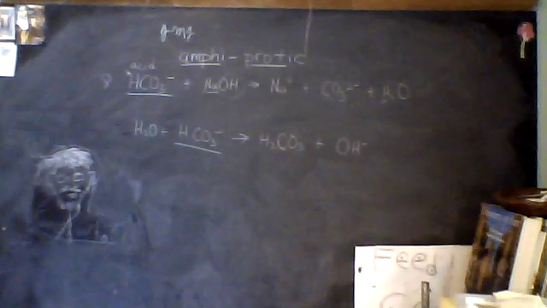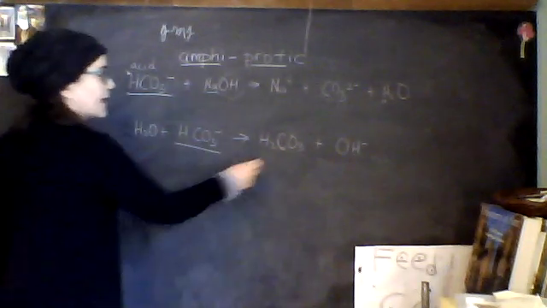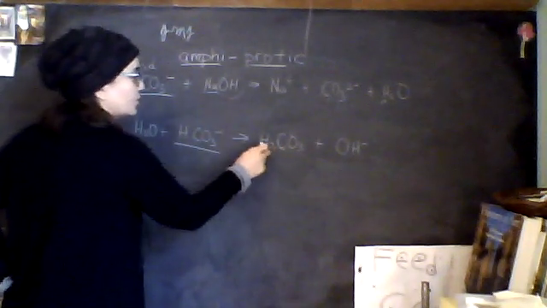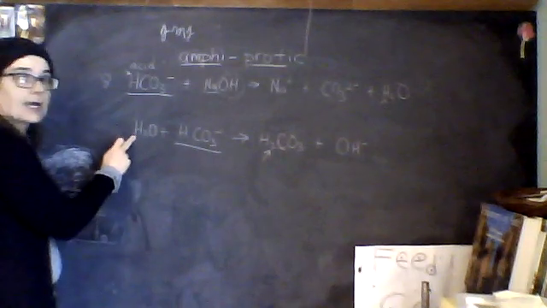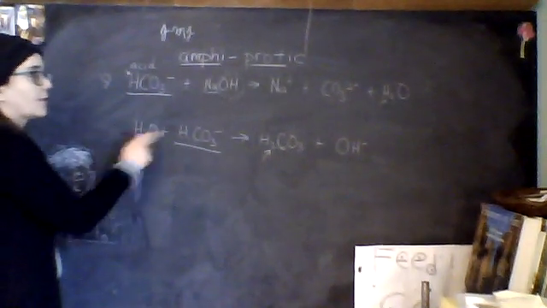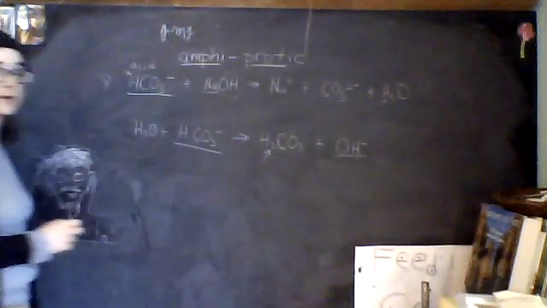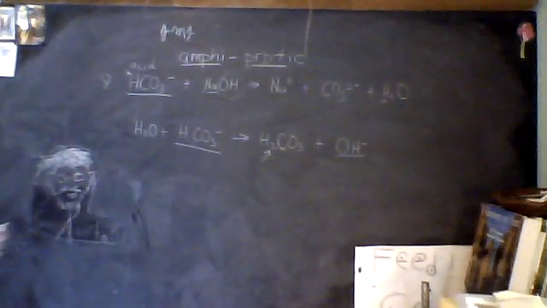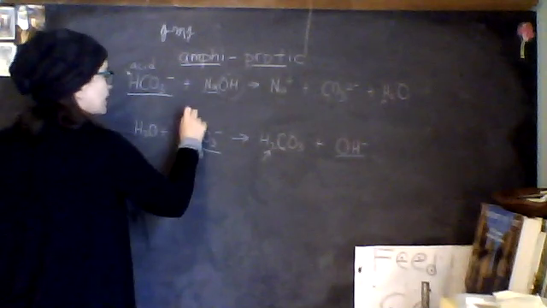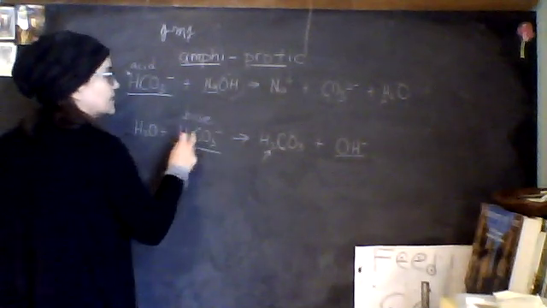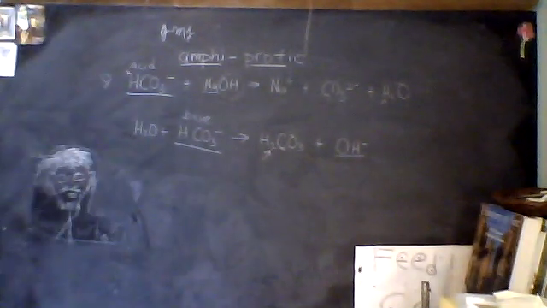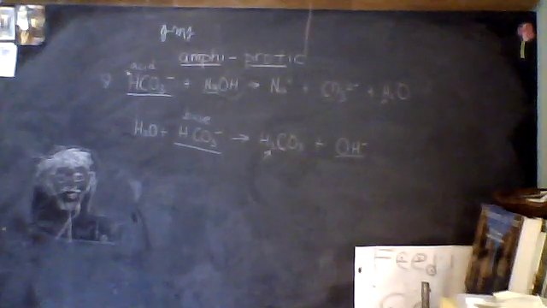Does it do so, Martin? Yes, it does, because it becomes H2CO3. So it's getting a hydrogen from the water, right? And the water is becoming hydroxide. Right. So here, HCO3 is clearly functioning as a base because it accepts a hydrogen ion or proton.